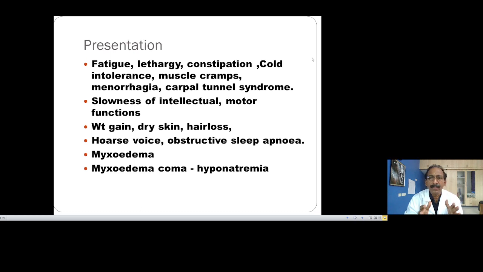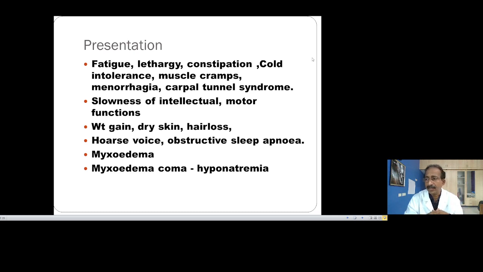And now coming to the very clinical aspect, the presentation. How do they present? So far we've been talking about classical presentations. Now, atypical presentations. Patients may come with fatigue, lethargy, or just constipation, cold intolerance, muscle cramps. Many times muscle cramps, especially at night, can be a sign of hypothyroidism.